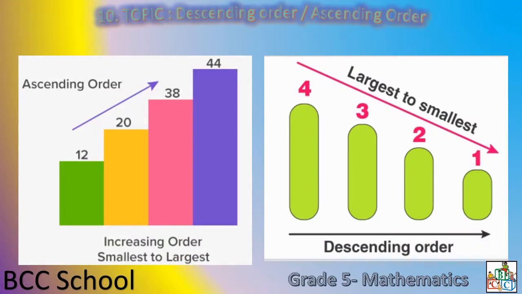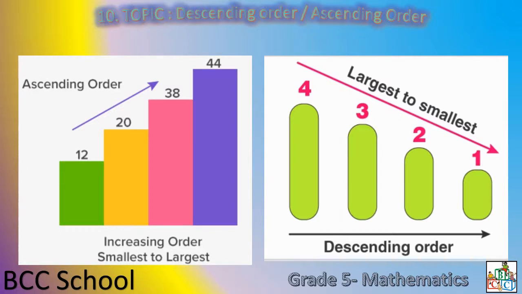Topic 10. Descending order and ascending order. Let us see the first picture. Ascending order. Smallest to largest. For example, we start by 12 and then 20, 38 and 44.